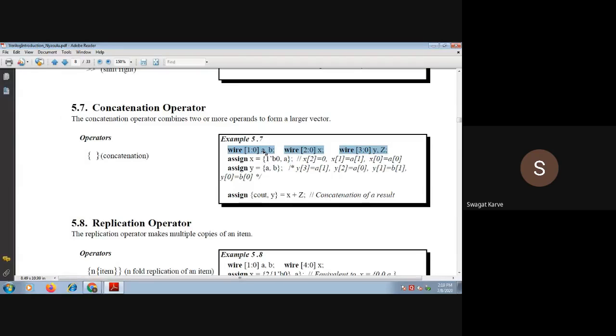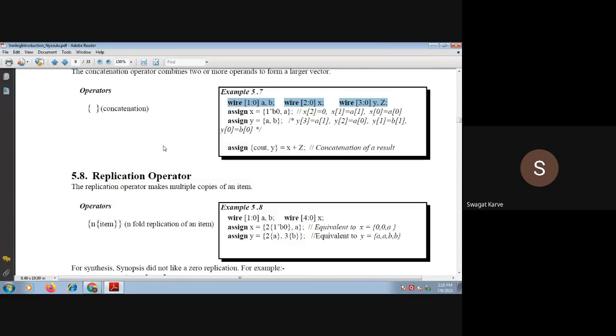Whatever value of a you have written, it will combine those operands and form one large vector. So this is about the concatenation operator.